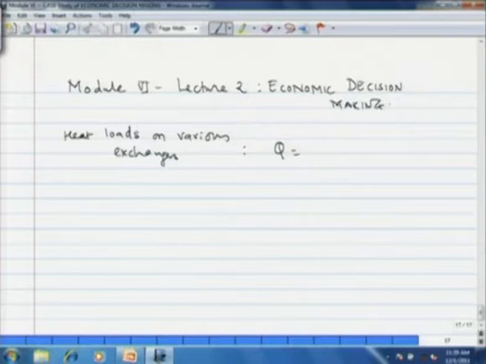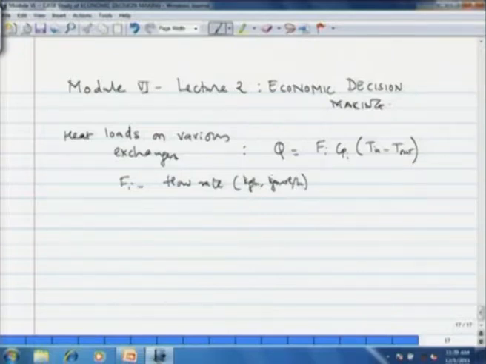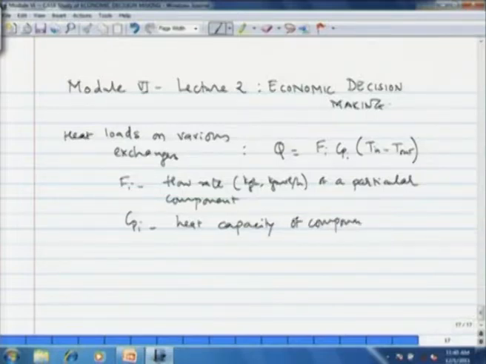And that heat load Q can be calculated from a simple relation, where Fi is the flow rate either in kg or kg mole, whatever you choose, or kg mole per hour in case of continuous process, kg per hour, flow rate of a particular component, then Cpi is the heat capacity of that component, and T in minus T out is the temperature difference of the inlet and outlet stream.